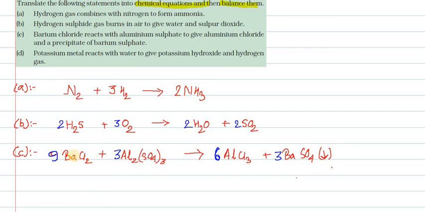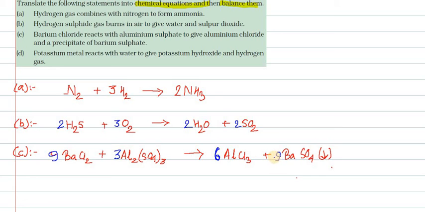So chlorine is balanced, but look at barium again. This time barium becomes how much? There are 9 barium. So you have to make this 9, so you will multiply it with 3. Okay, sorry, so you have to write it as 9 barium sulphate.